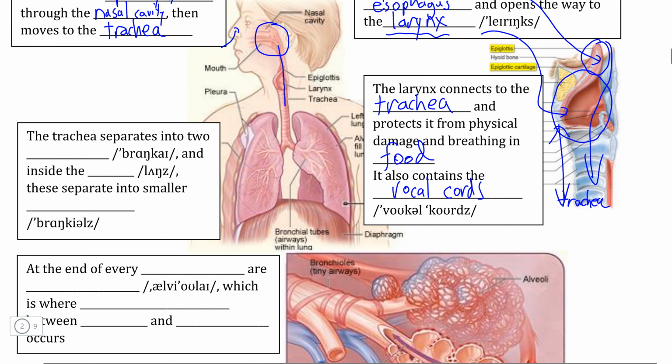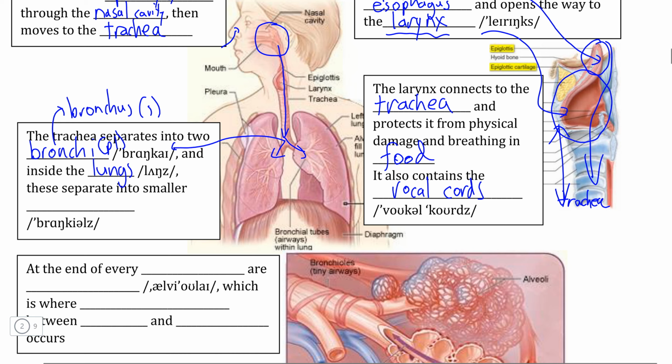So if we follow the journey of your air as we pass the larynx and go down the trachea, eventually your trachea is going to break into two long tubes, which are what we call your bronchi. This is the plural form because you have two, because each bronchi or each bronchus is the singular form of this word. Each bronchus is going to go in the opposite direction because you have two lungs.